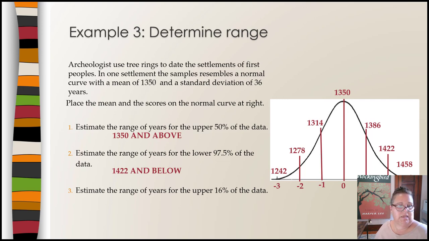Let me get my pen again. So if we're looking at the upper, we're looking at this side. Recall that this is 34. Between 1 and 2 above is 13.5. Between 2 and 3 is 2.35%. And above 3 is 0.15%.